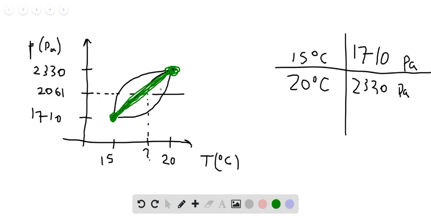So that means that since it's linear, we can find an equation for it. Y equals mx plus b. And from this equation, we will be able to relate the pressure we found to the temperature we need.